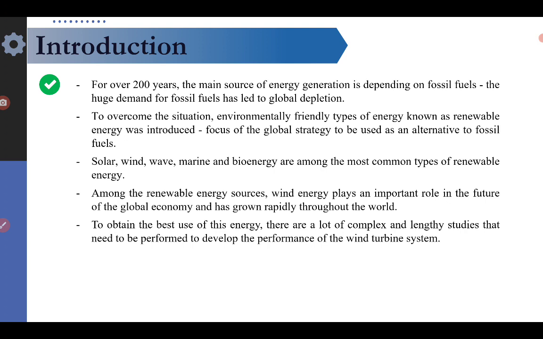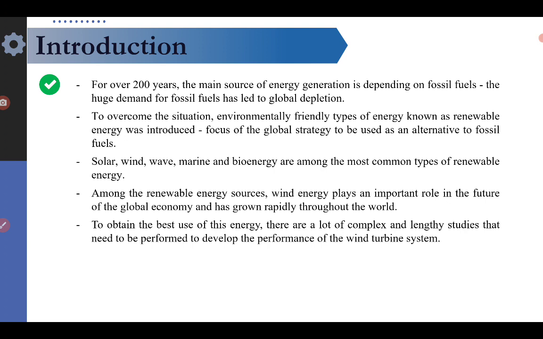The renewable energy that is coming out right now mostly comes from solar, wind energy, wave, marine, and several other types of renewable energy. Among the renewable energy sources, wind energy plays an important role in the future of the global economy and has grown rapidly throughout the world.